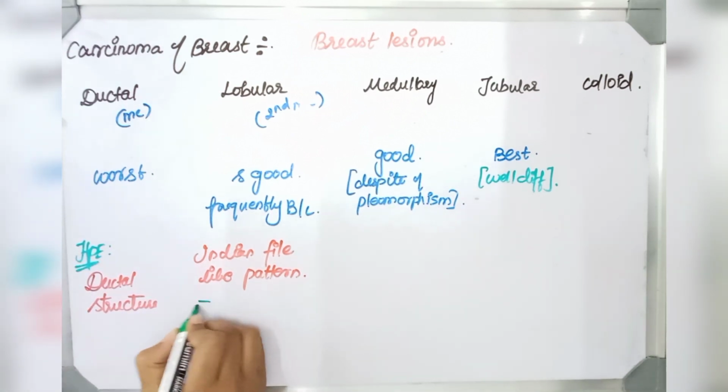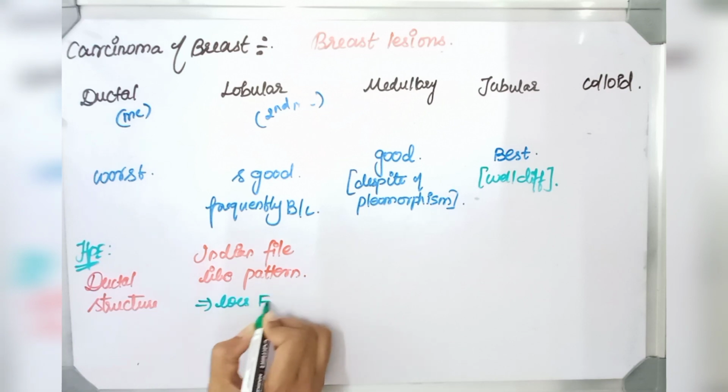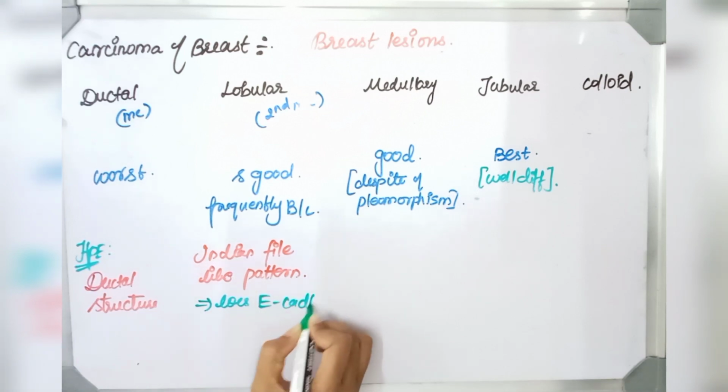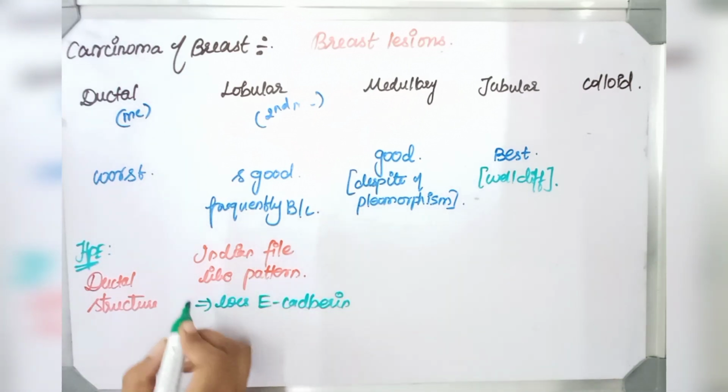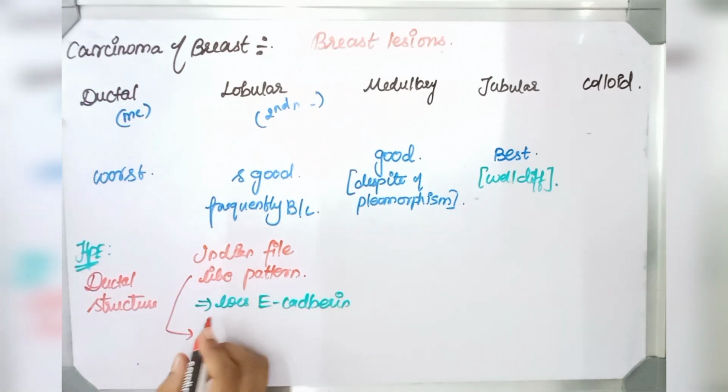E-cadherin is a protein which helps in adhesion of the lobules to each other. Due to mutations in the E-cadherin producing gene, there is a loss of E-cadherin, due to which the lobules detach from each other, form a round and oval shape and arrange themselves in Indian file-like patterns one by one. It is also called targetoid appearance.